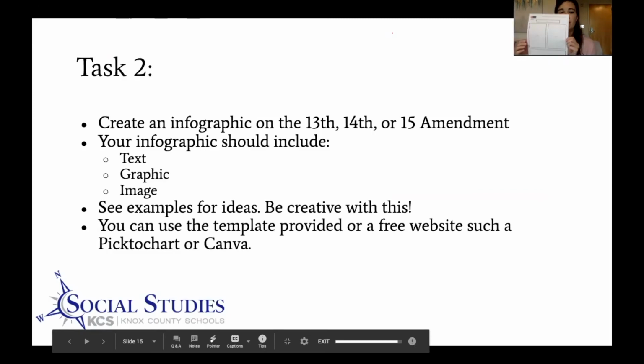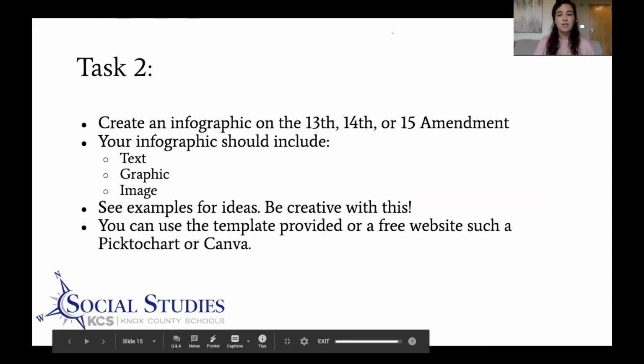If you don't have these papers printed out, feel free to just create this on a notebook piece of paper. And same with the timeline. If you don't have a printout, you can just get a notebook piece of paper and draw a line for your timeline. But this is included. If you're accessing it online, you can copy this down on a piece of paper.